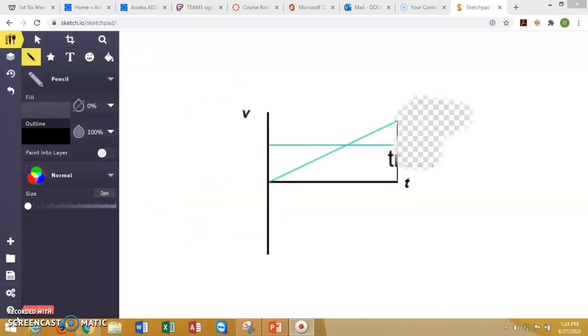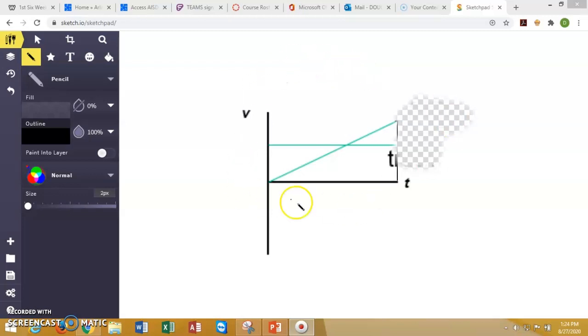So here's our graph. This is our VT graph of cop and truck. If you remember, this flat line was truck. This increasing line is cop. All right. Let's say that I ask you, at what point are the cop and the truck at the same place? So what I'm asking you is, at what point are the two displacements the same?